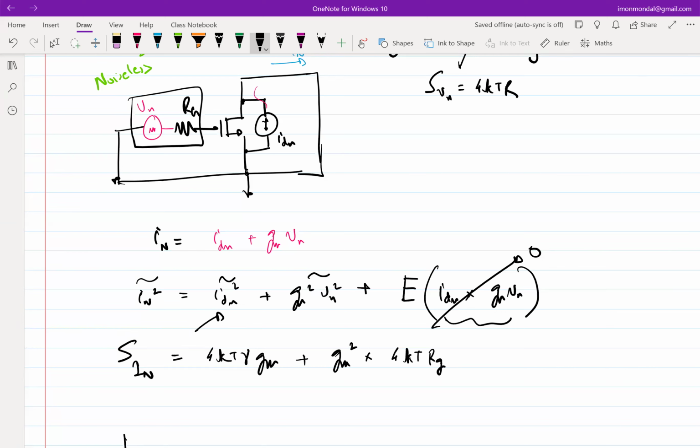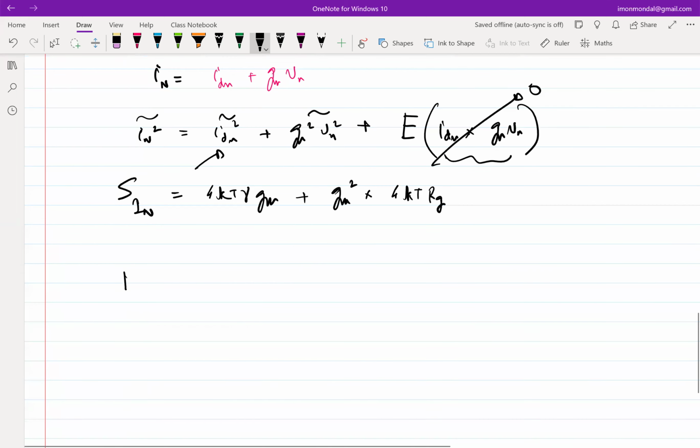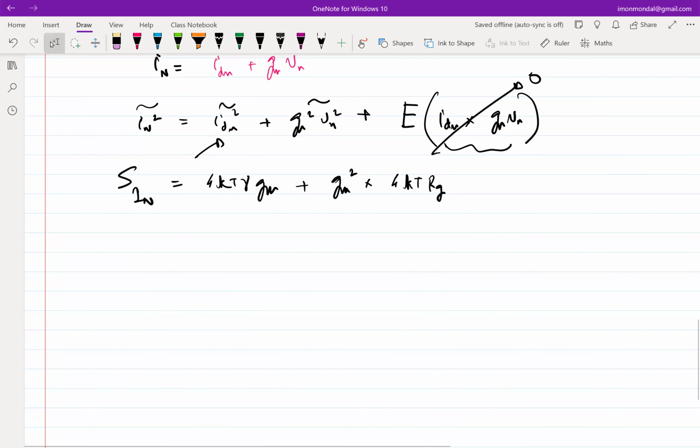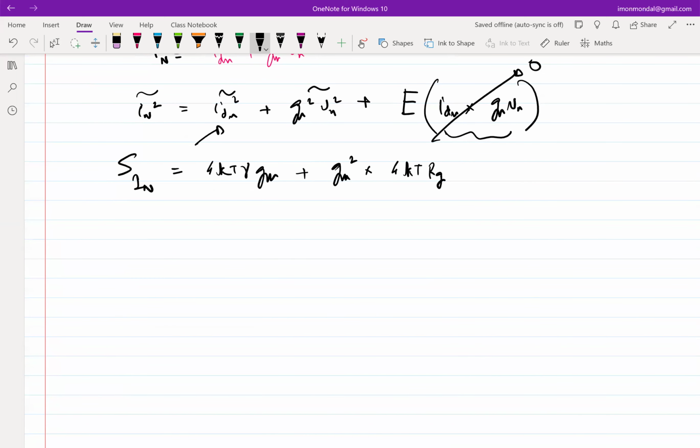Okay, good question. Should it? Let me ask you this then. This is a slight digression, but I would have come to it anyhow. So his question is, you have a capacitor here, a C_GS capacitor here, right?